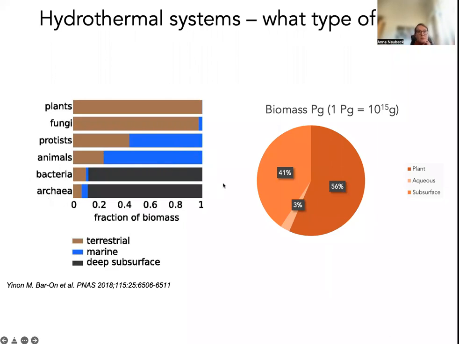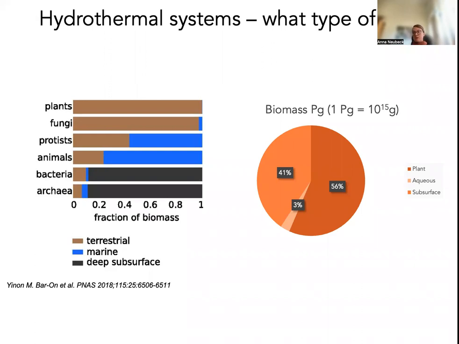Whereas in the deep subsurface, where hydrothermal vent systems are a big part, most of the biomass is from bacteria and archaea, which are unicellular organisms, and it's much harder to analyze these kinds of organisms than plants and fungi, for example. This means that it's much harder to explore the subsurface and the hydrothermal vents than terrestrial environments. But that also means that there's a lot more to discover.